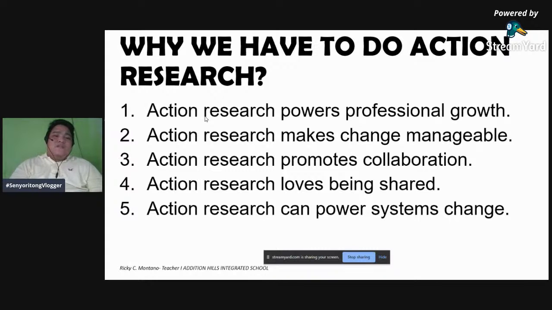Next is action research makes change manageable. In a certain situation, you have to make a solution.